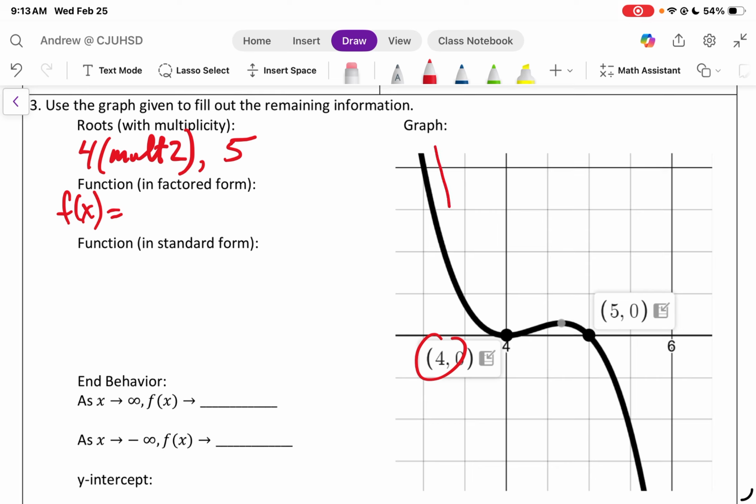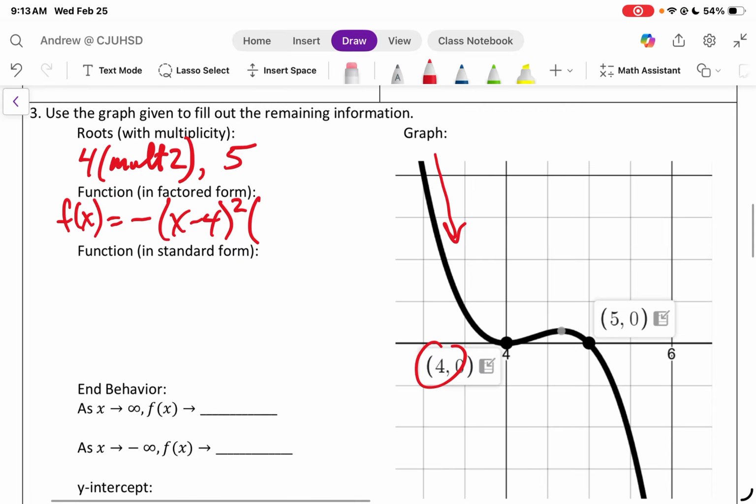It's coming down from the top. So there needs to be a negative out in front. We're going to assume that the a value is negative 1, and then put our 2 factors here, just like this.